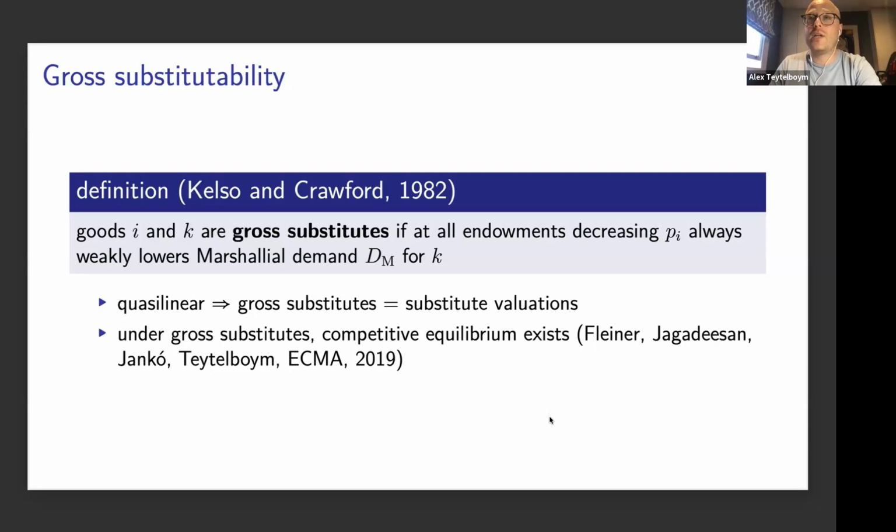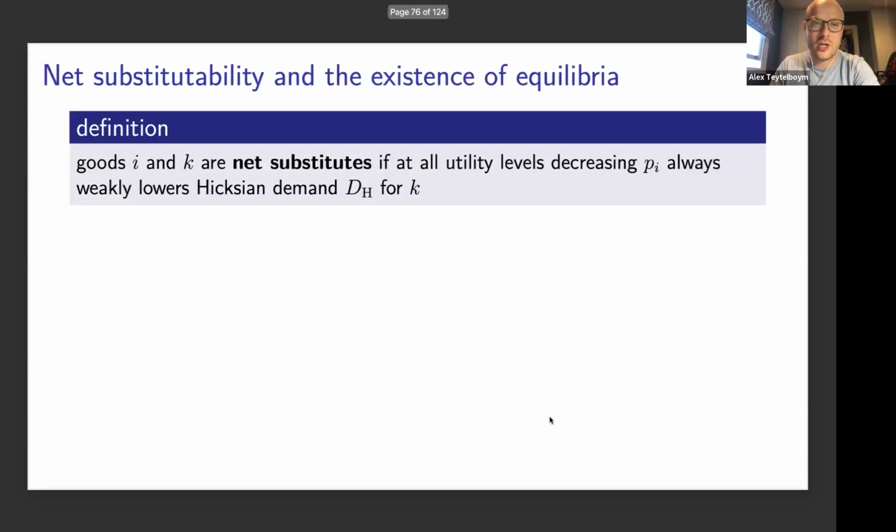But it turns out, and we pointed this out in the paper, that gross substitutes, when income effects are present, is an extremely restrictive condition, and absolutely not necessary for equilibrium existence. Here's a much better condition, using the machinery that I've shown you before: net substitutes.